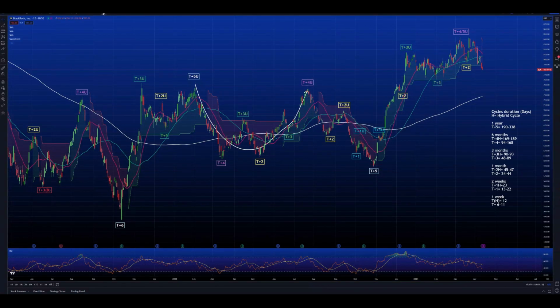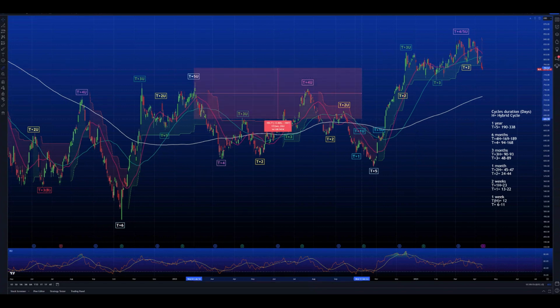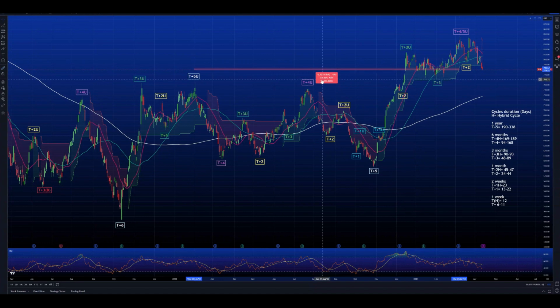Therefore, if we sum up the total duration of this yearly upward cycle, we end up with a total duration of 275 days. 275 days is, I would say, more than the median duration of a T plus 5.